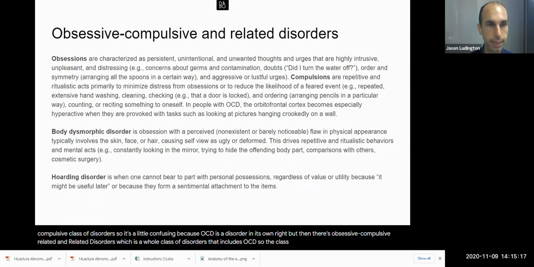So the class contains the name of one member of the class. And then there's hoarding disorder, where one cannot bear to part with personal possessions, regardless of the value or utility, because it might be useful later or because they form a sentimental attachment to the item.